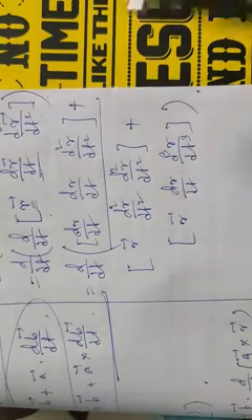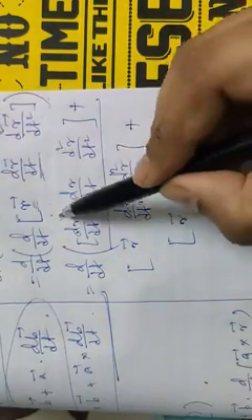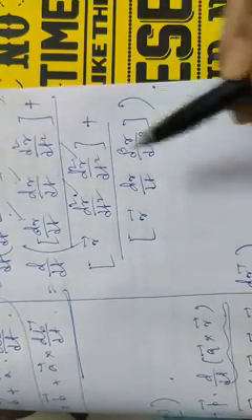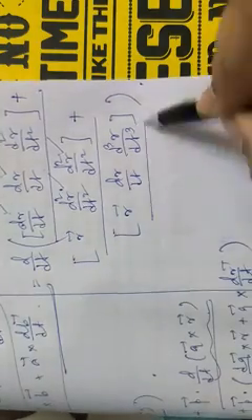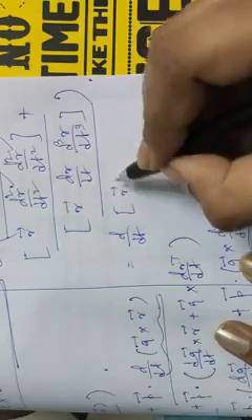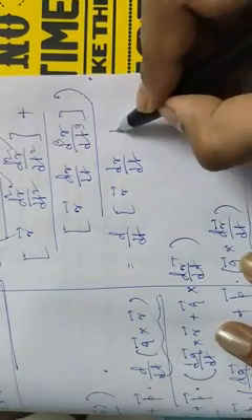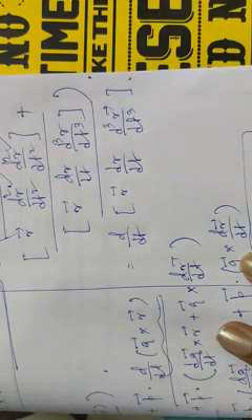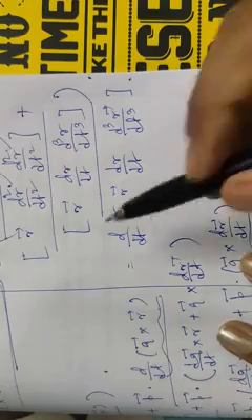Now check the first component. Its value will be 0 because 2 components are the same. Similarly the second part, this and this are the same, so it will also be 0. So there will be only one part, which equals d/dt of this. Right? Now apply d/dt over it. So what will we get?